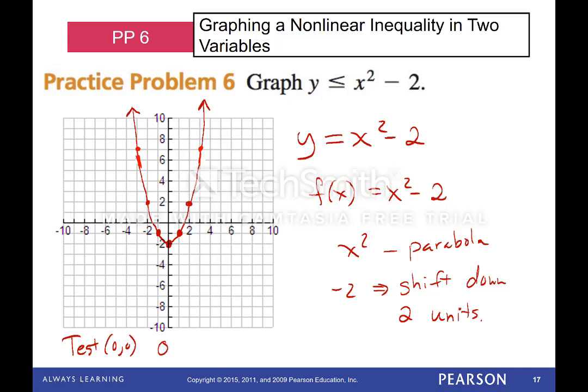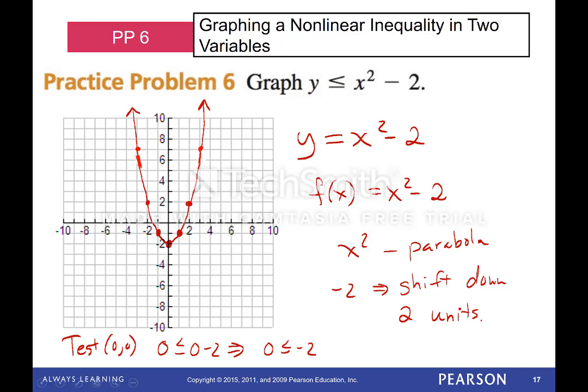So 0, 0 comes in. That means the y becomes a 0. The x becomes a 0. So 0 squared is still 0. 0 minus 2 becomes this test right here. All right, is 0 less than or equal to negative 2? That is false. So we're not going to shade the inside of the parabola.